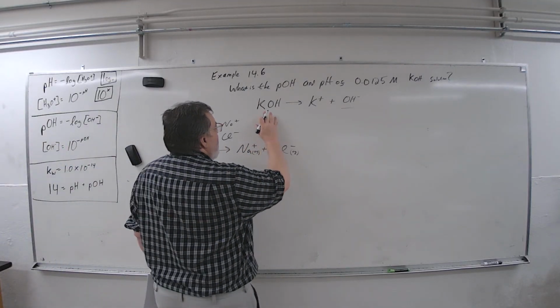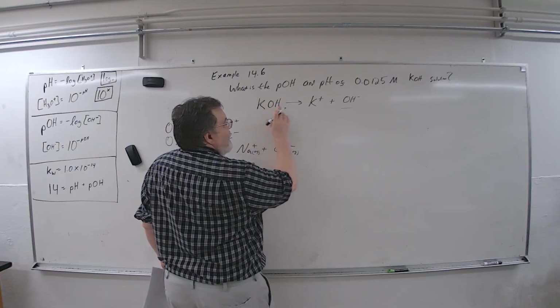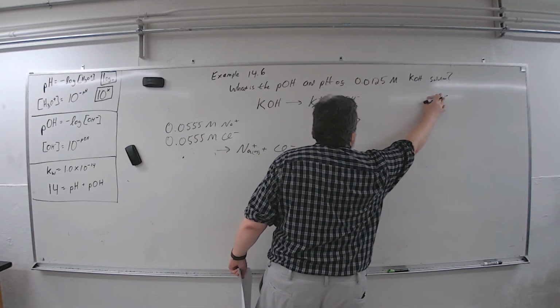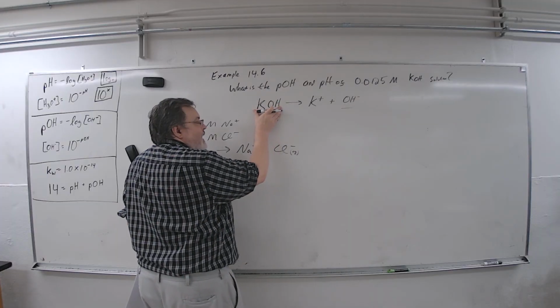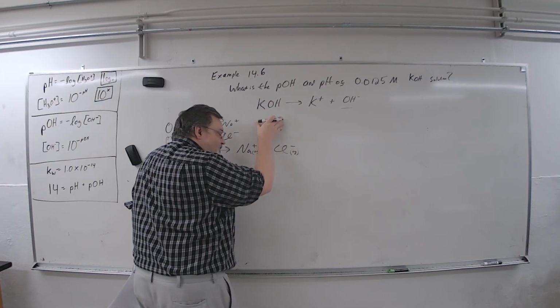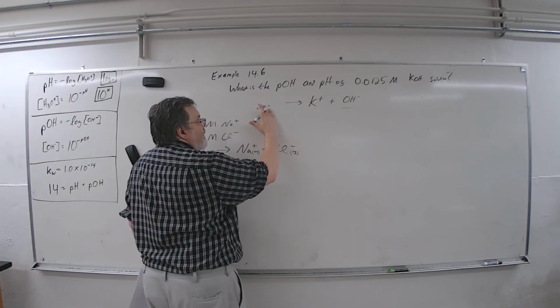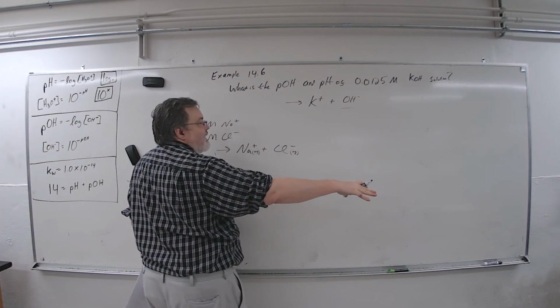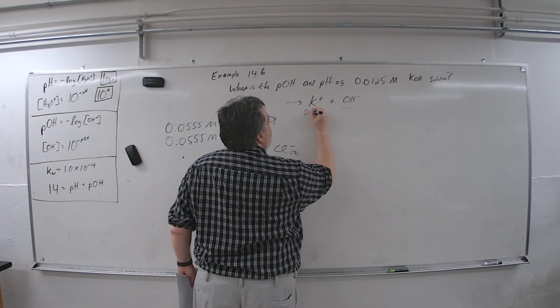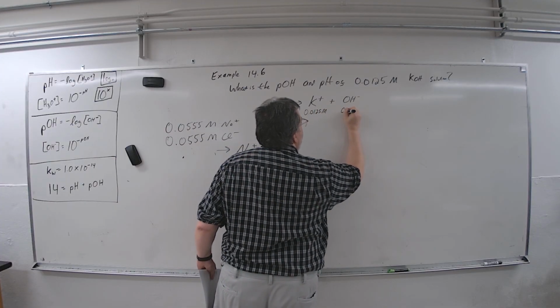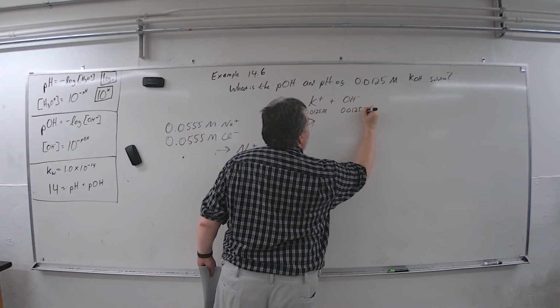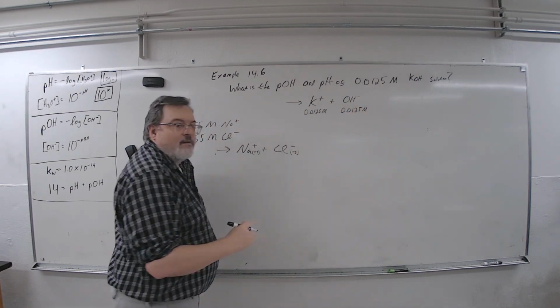So here, when we say that it's a 0.0125 molar KOH solution, we're just saying that tells you how much KOH was put in there. But really, as soon as you put the KOH in there, it all dissolves because it's a strong base. And now you have 0.0125 molar K+ and 0.0125 molar OH-.